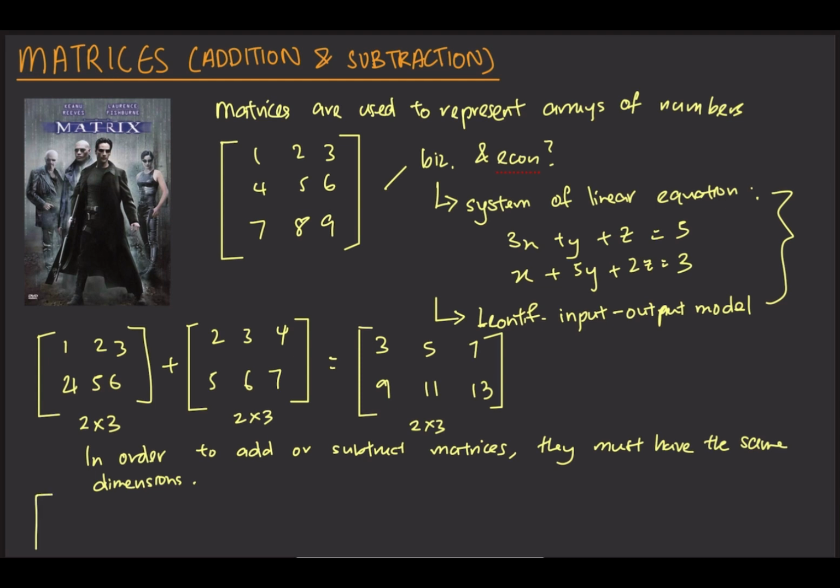Let's say we have an example: 1, 2, 3, 4, then minus 2, 3. I'm running out of space here, pardon me. Since this is a 2 by 2 matrix and this is a 2 by 1 matrix, the answer will be undefined. That's all you need to know for this.